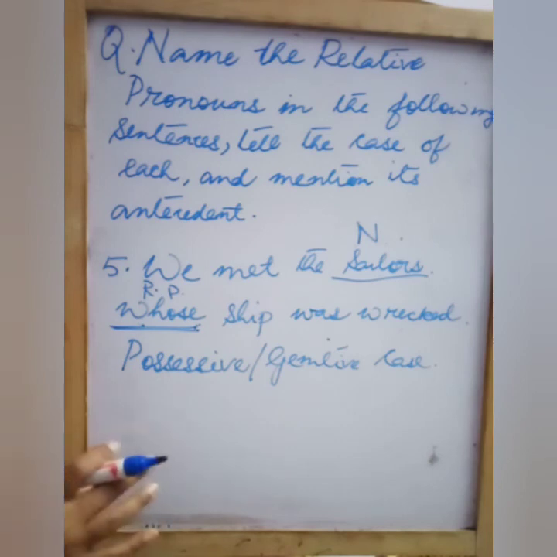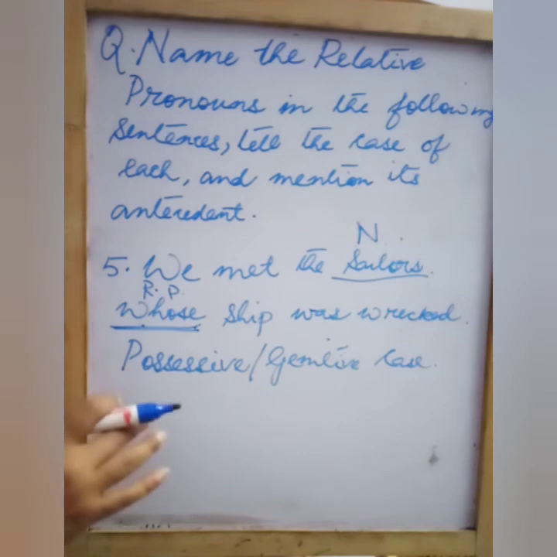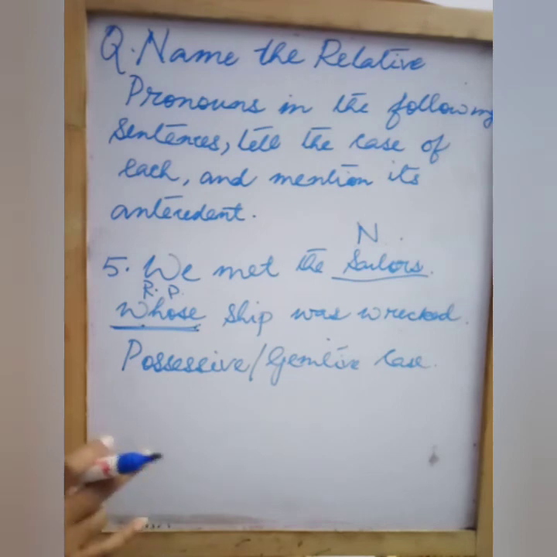So the only way is that we try to separate the subject and the object and see whether the noun or pronoun is the subject of the verb or the object of the verb. Once we determine that, it becomes very easy to understand whether a sentence is in the objective case or the nominative case. Fine. So these are the 5 sentences that I wanted to do with you, so that the concepts become a little clear.